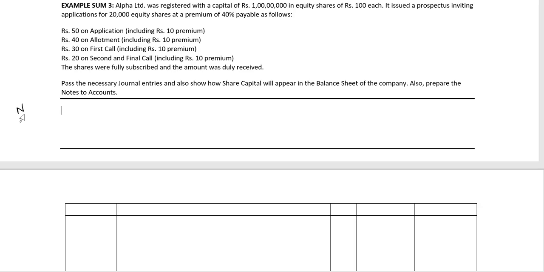We'll begin with making a few notes. Number of shares issued and subscribed by the public is 20,000 equity shares.